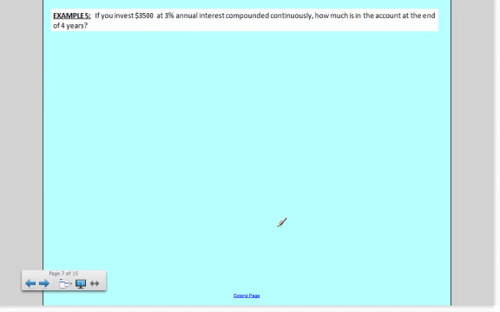So now let's do one where we're compounding continuously. Let's look at our principal, $3,500, interest rate, 3%, so 0.03. And continuously means we're going to use E. We actually have a special formula.